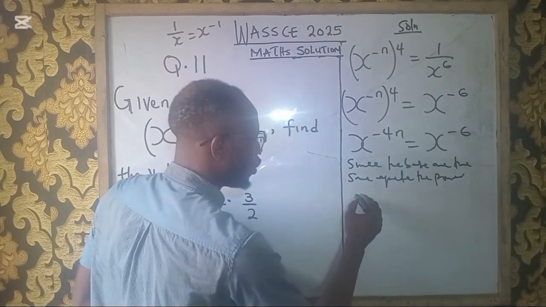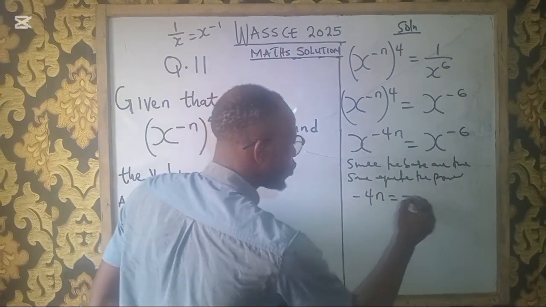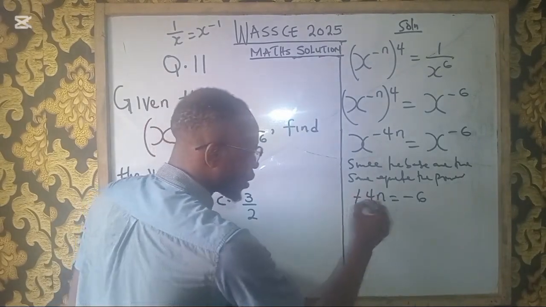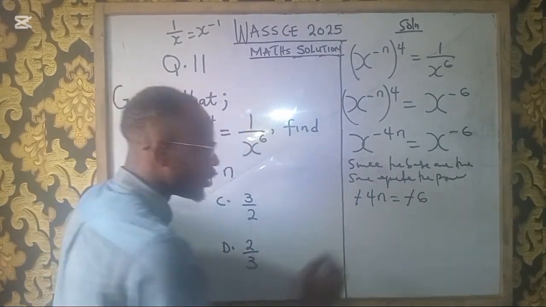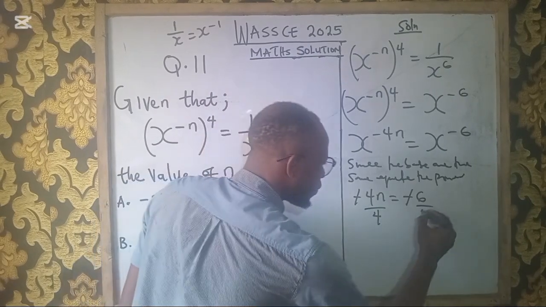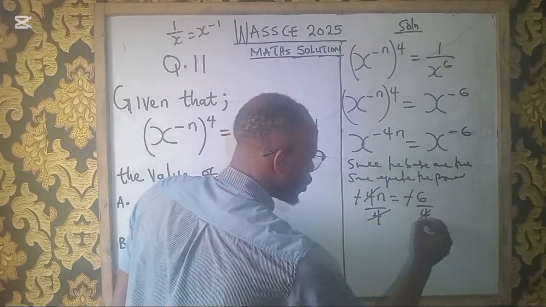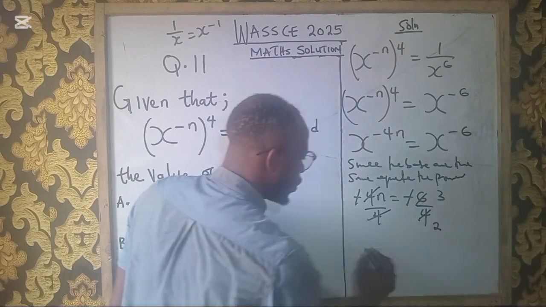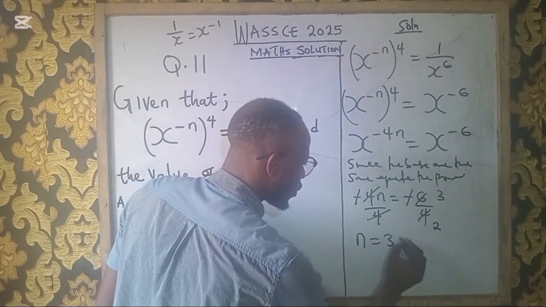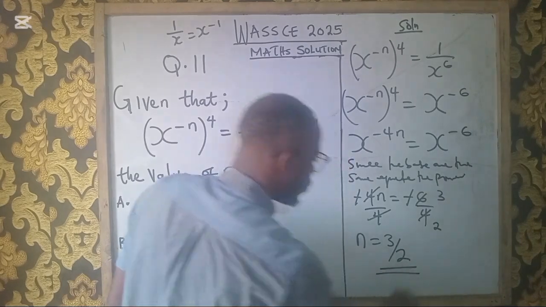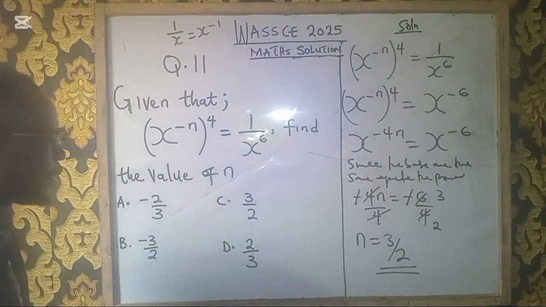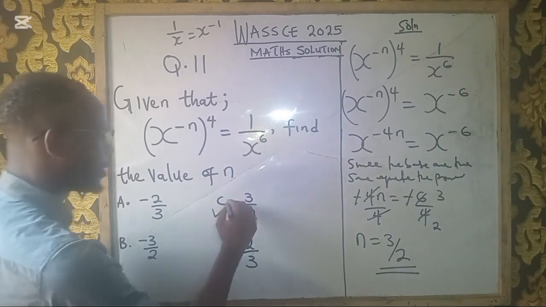When you equate the powers, you have minus 4n equals minus 6. The minus can cancel minus on both sides. Then you divide both sides by 4. So 2 here, 2, and 3 here. So the value of n is equal to 3 over 2. We have solved that. So the answer is 3 over 2. That's option C.